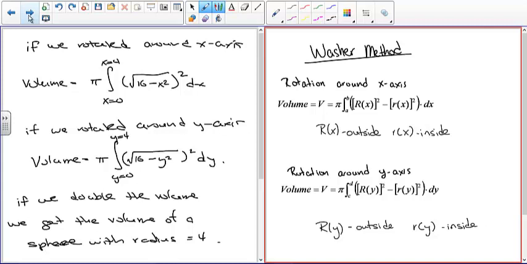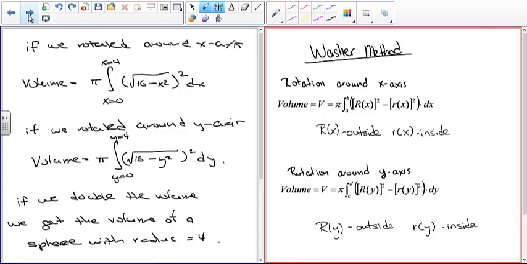They also can't switch, so if you had functions that crossed over, you'd have to be careful about how you defined the limits of integration. And really what you're doing is taking the outside volume, capital R of x squared, and subtracting the inside volume, small r of x, quantity squared, and the difference in those two is going to be the volume that remains.